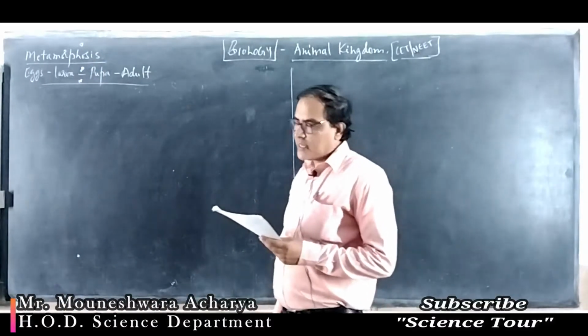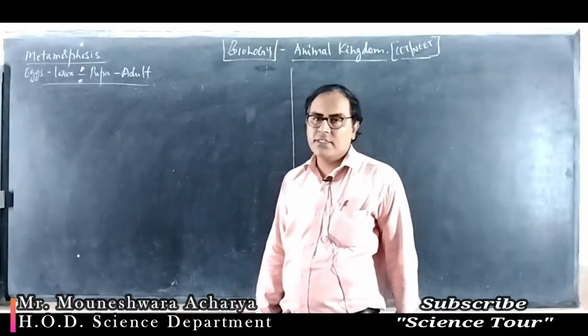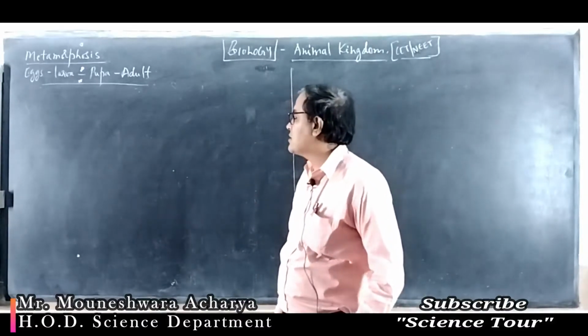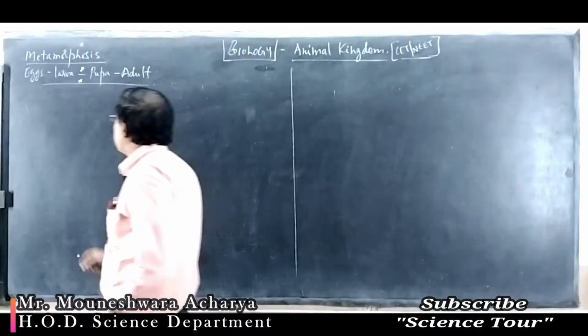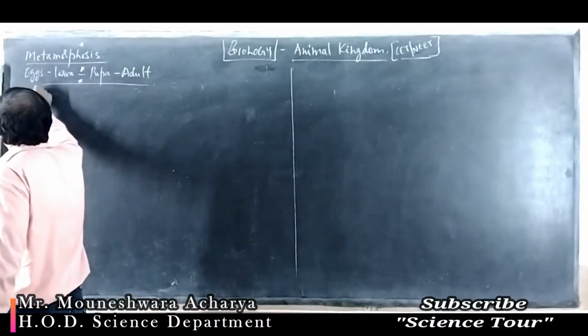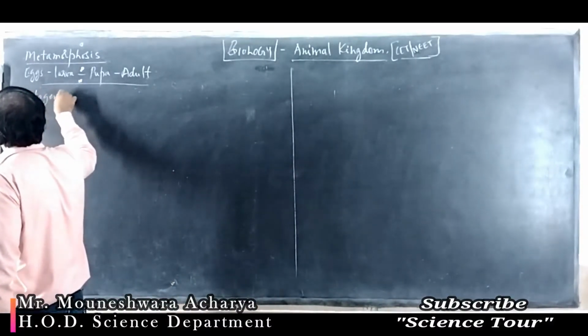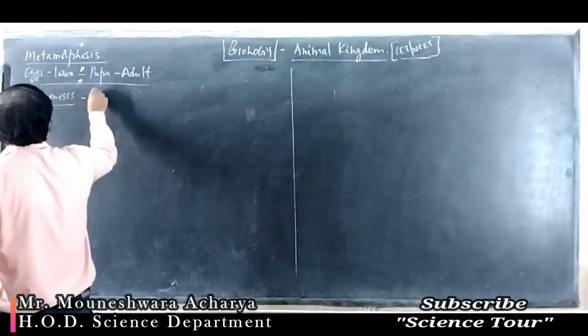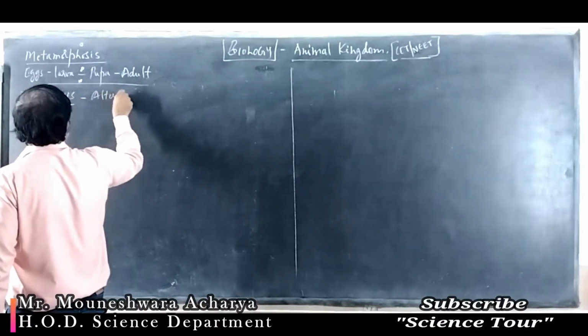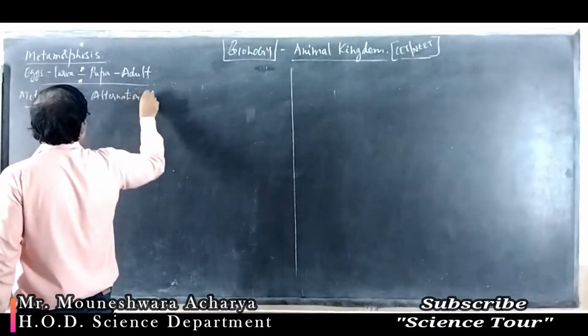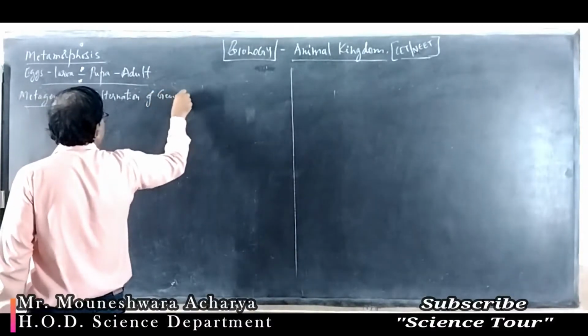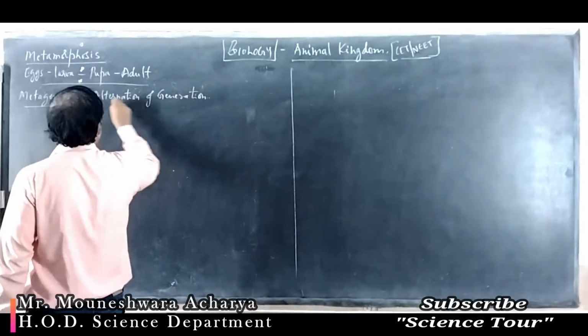Now, what is metagenesis? We have studied in coelenterates or cnidarians. The term metagenesis means alternation of generation. So, what is altered in this generation?